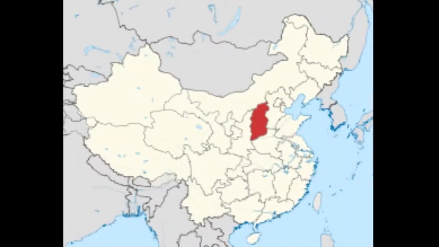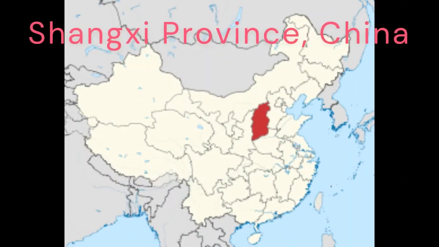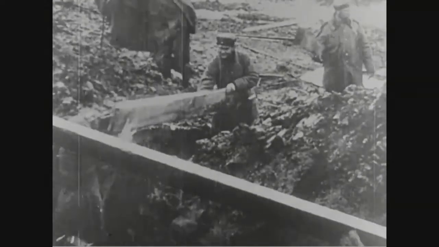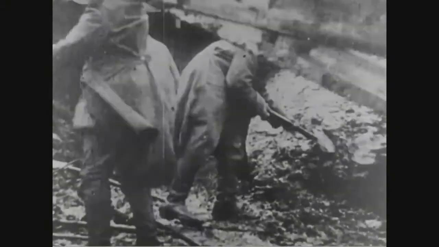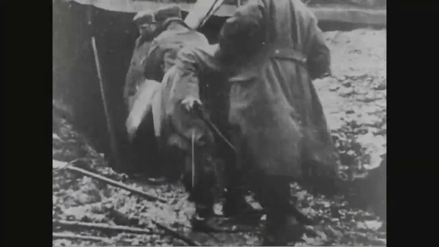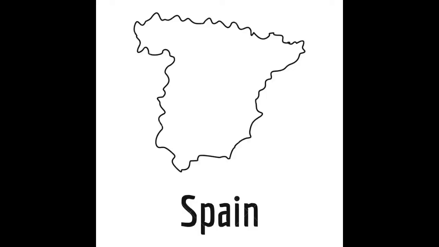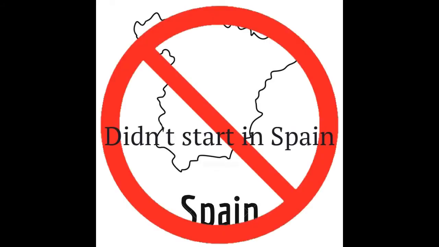Our second suspect is the Shaanxi province, China, where as early as 1917, people were diagnosed with, again, flu-like symptoms. Our final suspect is the disease-ridden trenches of World War I. These trenches, already known for their death and decay. Out of all of these suspects, one thing is for sure. The Spanish flu didn't start in Spain.